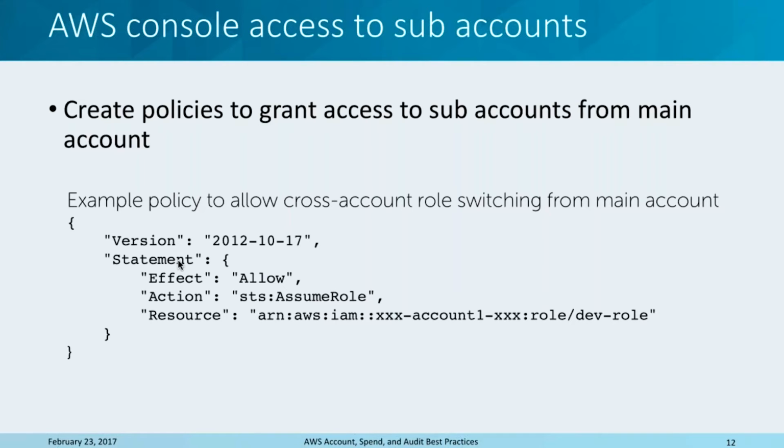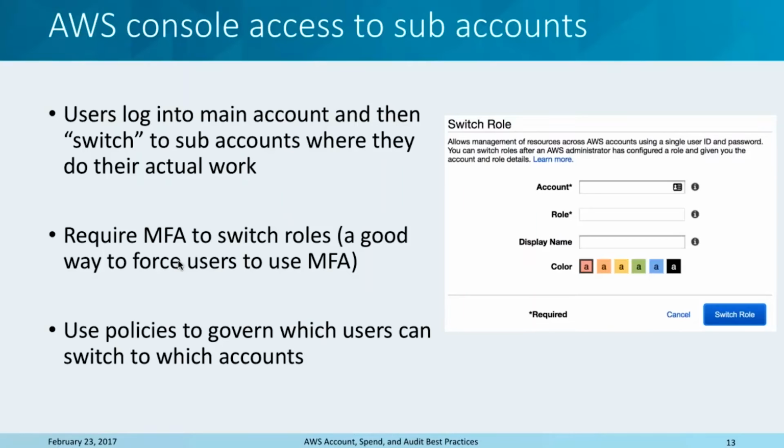But if you attach this policy to any user or to a group that a user belongs to, then that user would be allowed to assume, in this case, the dev role in account 1. Correct. Okay. And then once you do that, you can go to the Switch Roles menu on the AWS console, and it will pop up a dialog where you can specify what account and what role you want to assume.